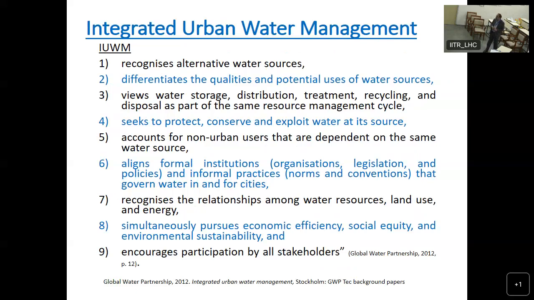It seeks to protect, conserve, and exploit water at its source. That means, for example, water coming from the roof, we try to utilize at that particular point only, at household scale. So use it from where it is being generated. It may not be possible in all cases, but this is one aspect that we have to consider.